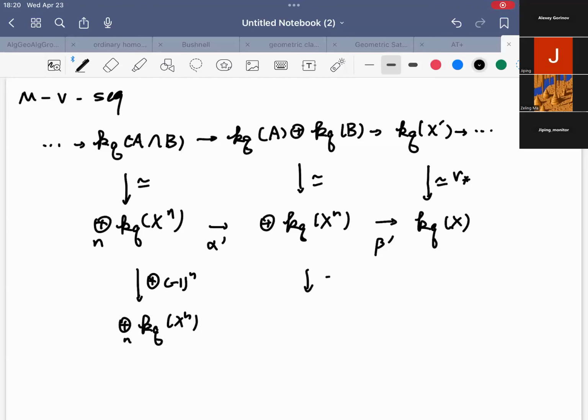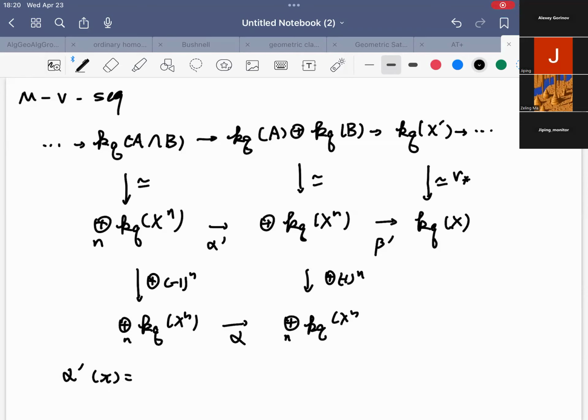Here you can easily check the definition of prime.